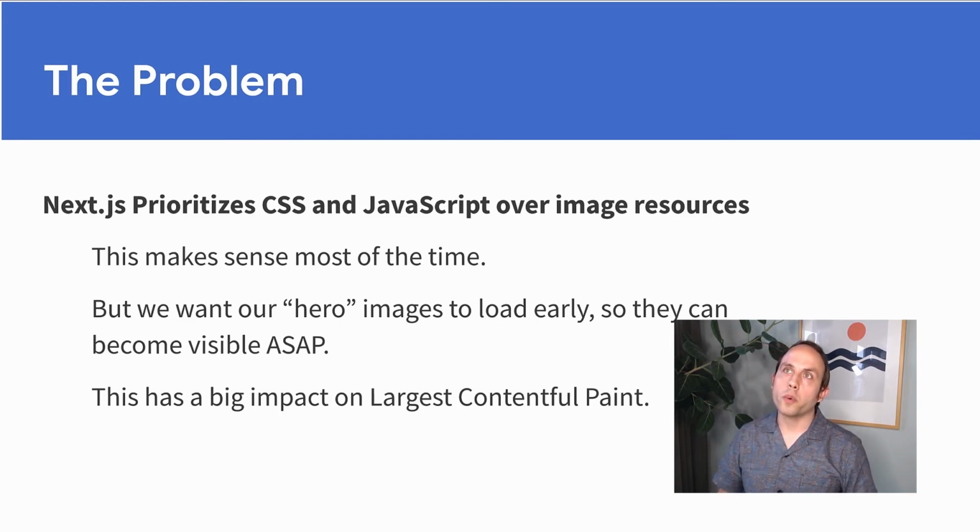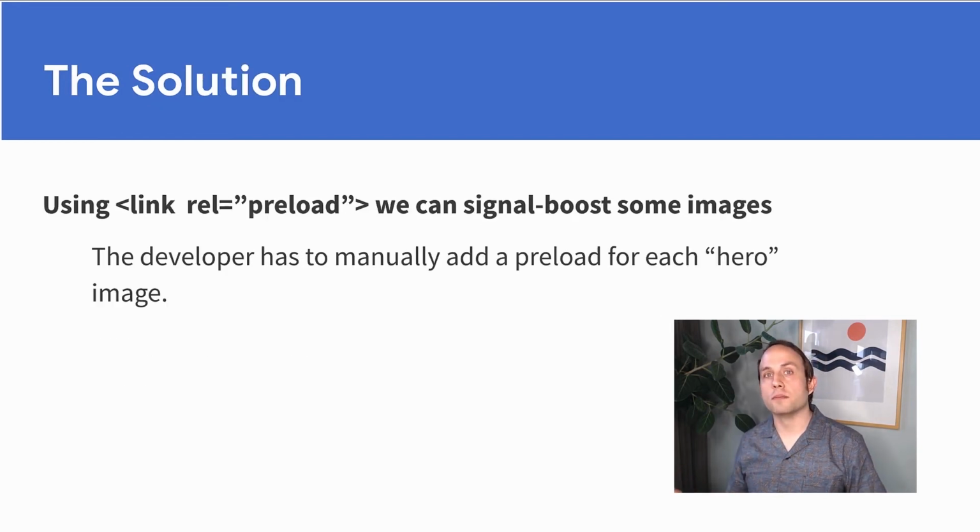So what we want to have happen is those images which are important, which are the hero images, should get a preload, and that preload will give them priority over the JavaScript. And when I say preload, I mean a link element with the type equals preload.